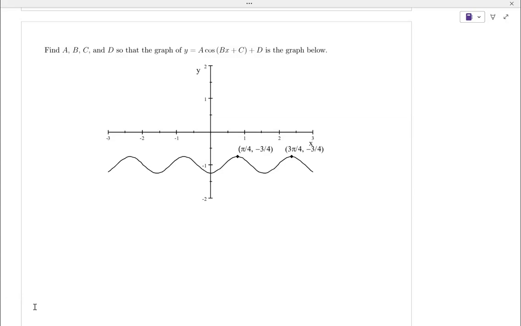So how far up and how far down does it go from that -1? A fourth. Or you could see that it's -3/4 minus -5/4. Either way, your amplitude here will be a quarter. Good. And that'll be your A value.